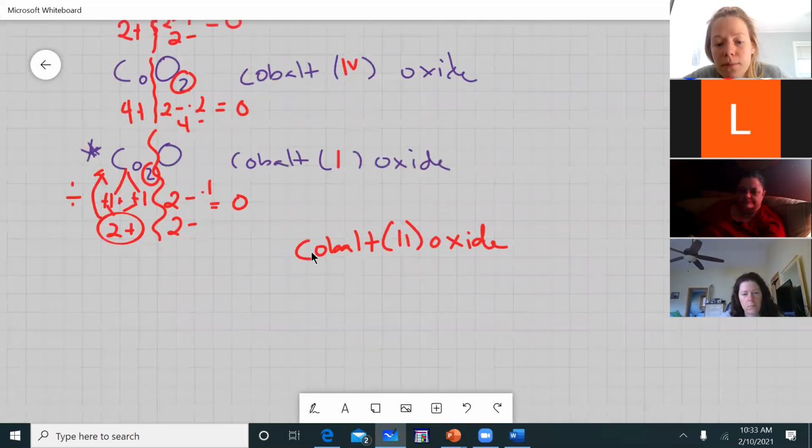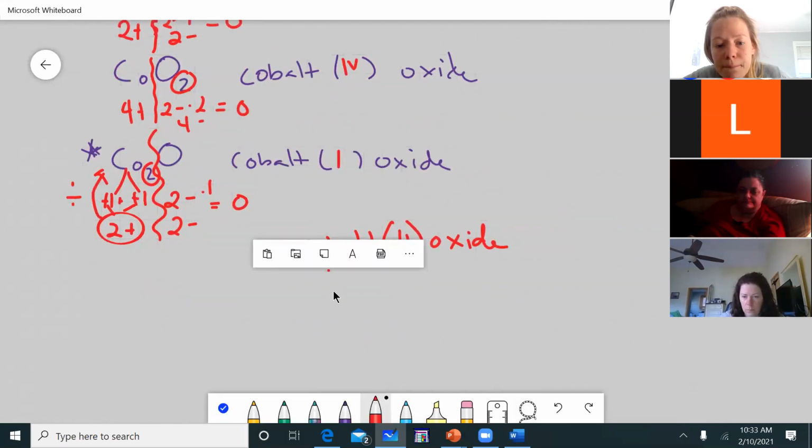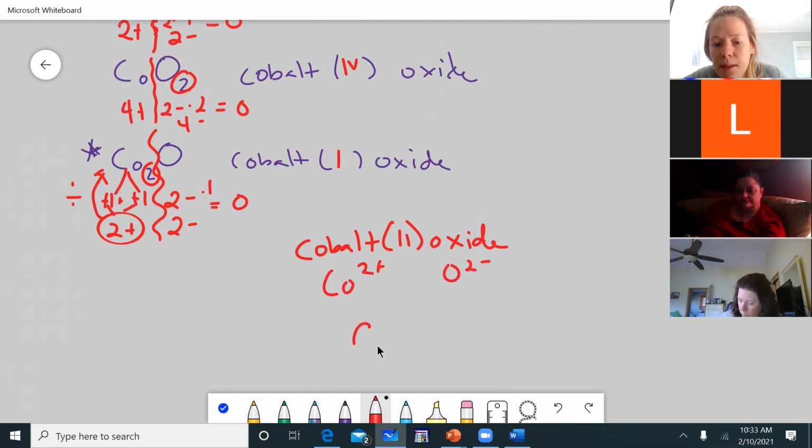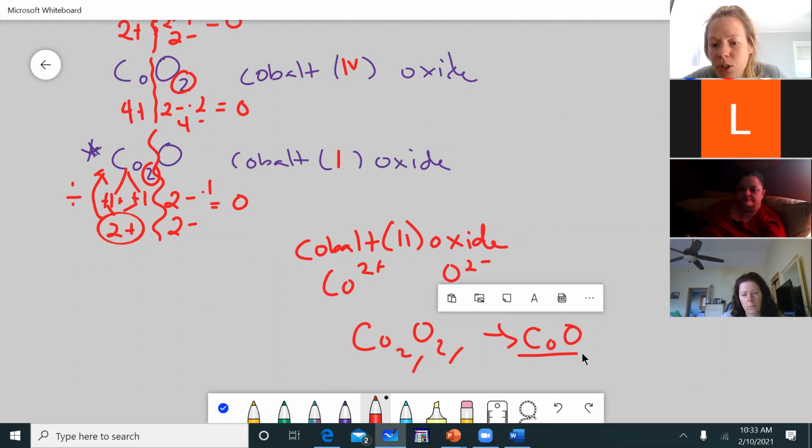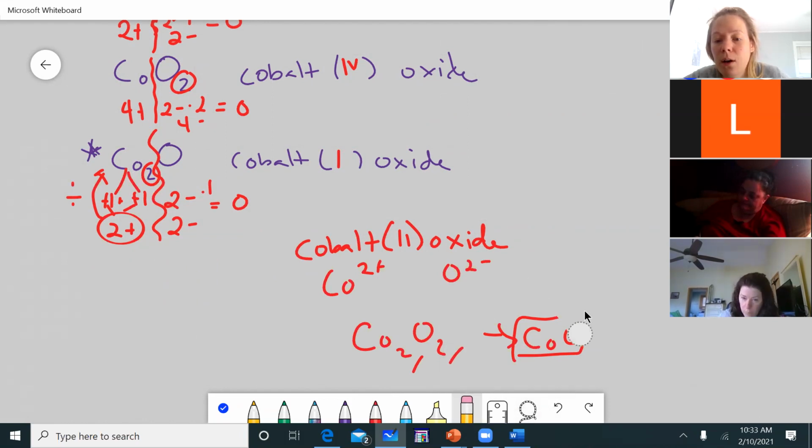So cobalt will have a 2+, oxygen will have a 2-, flip-flop, Co2O2, those reduce to CoO. Did you come up with the same formula? No, you didn't. They don't have the same subscripts. So something went awry there.